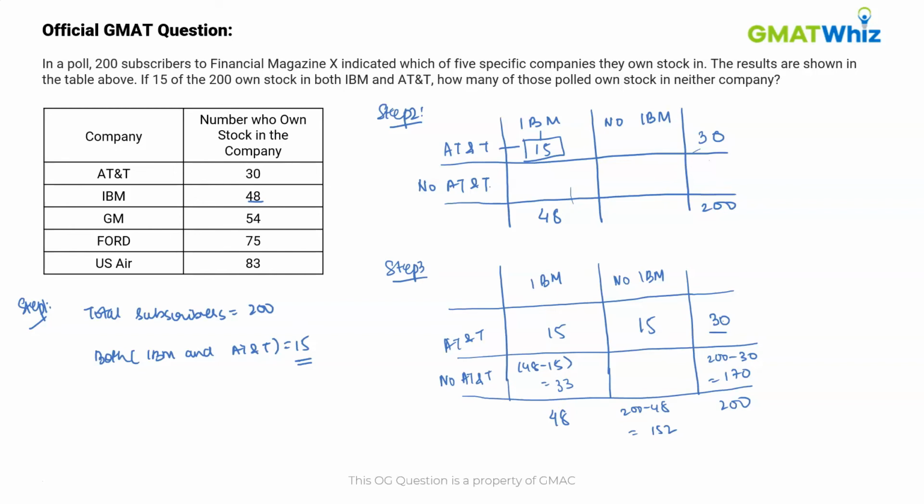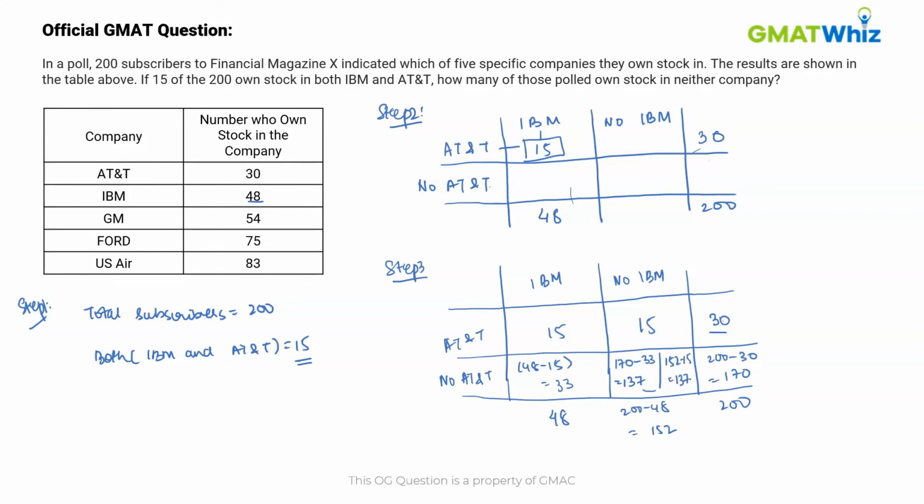Now to calculate this value, we subtract 33 from 170 and get the value as 137, or we can also consider the column total and subtract 15 from 152 and get the value 137.